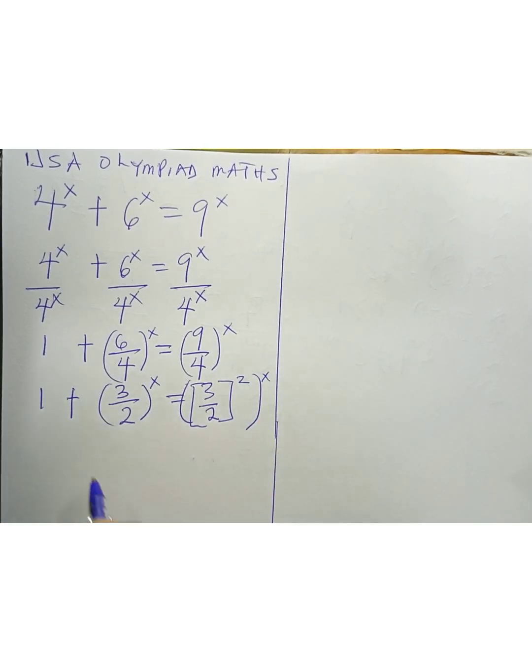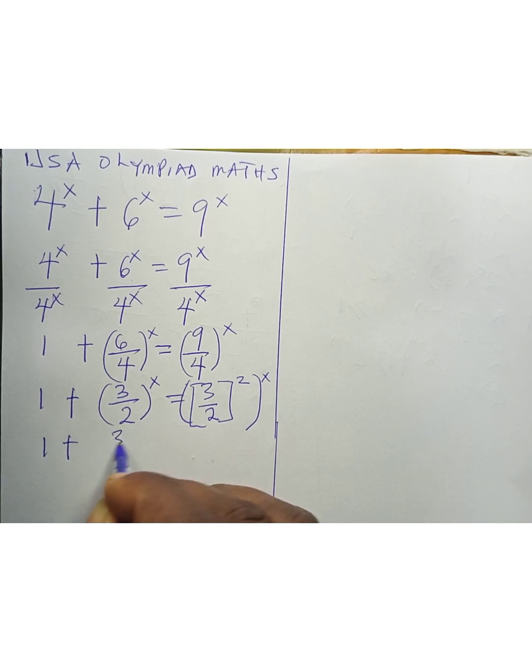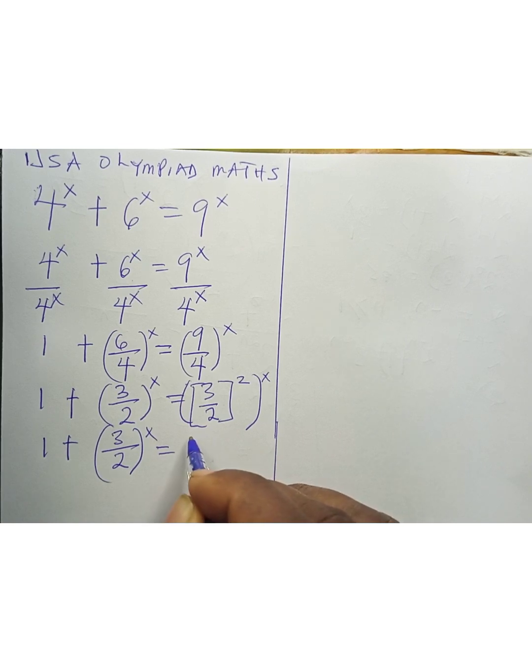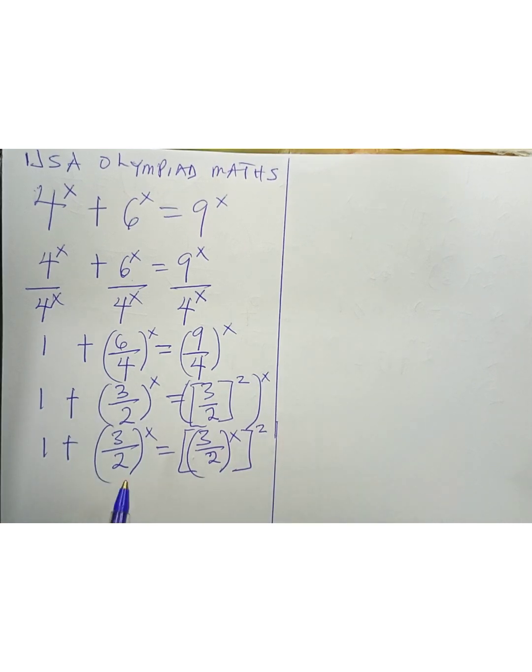So we can write it as 1 plus 3 over 2 raised to power x equals 3 over 2 raised to power x, then raised to power 2. That is what we have.